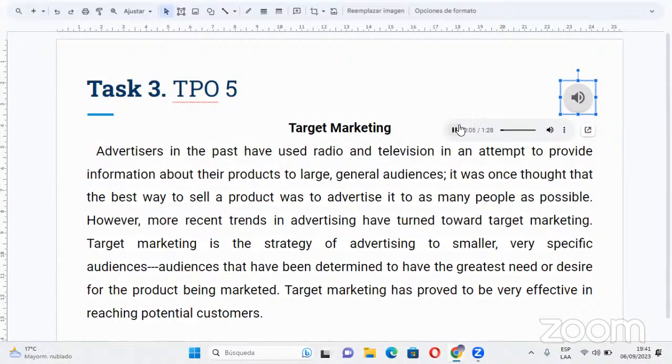Now listen to part of a lecture on this topic in a marketing class. Nowadays, something you notice more and more is television commercials that are made specifically for certain television programs. So, let's say a company wants to sell a cell phone.